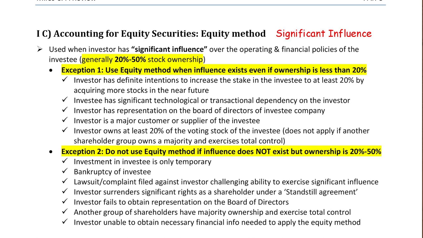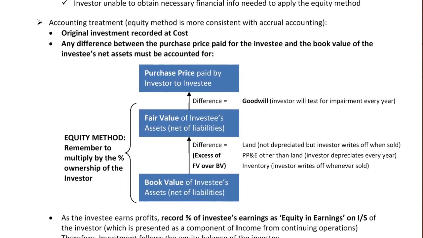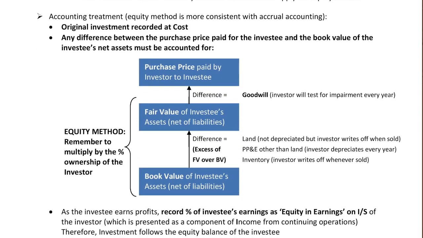So basically what we're saying is that there could be cases where the investor has a 20 to 50% stake but does not exercise significant influence, and in such cases we do not use the equity method. So bottom line, the equity method is used when the investor has significant influence.